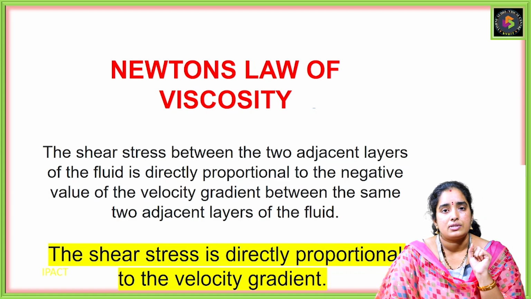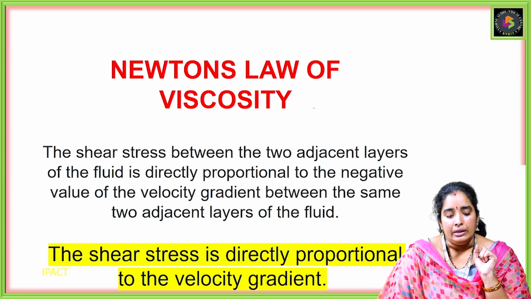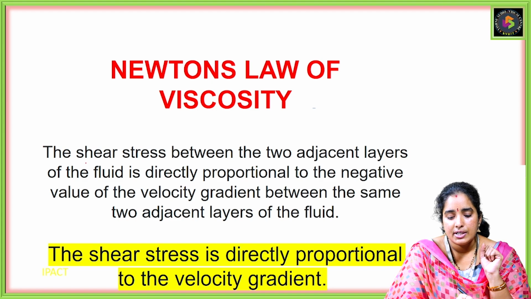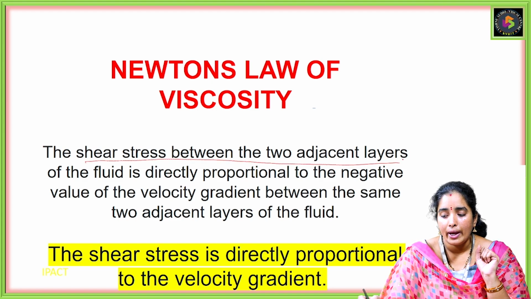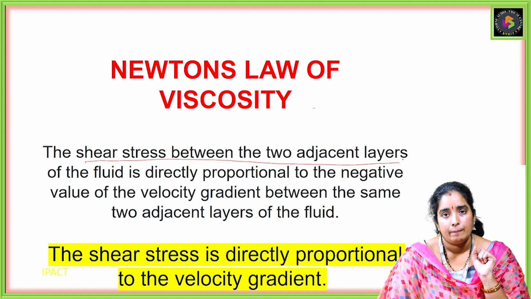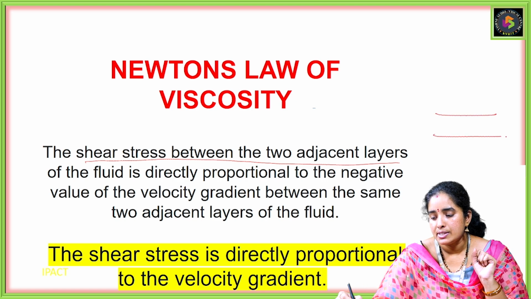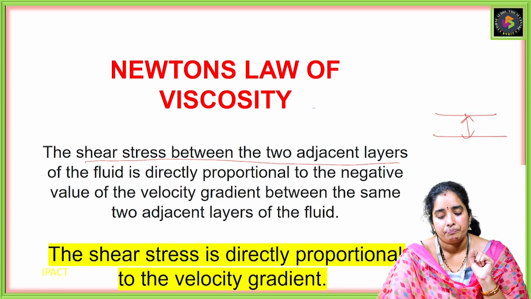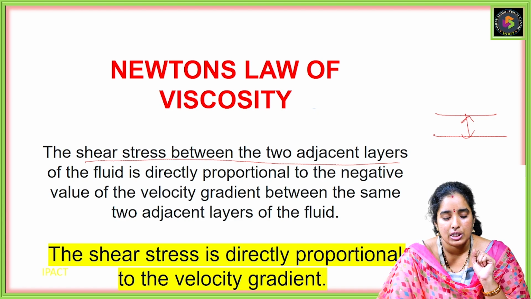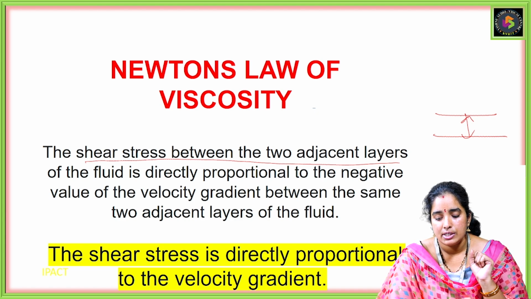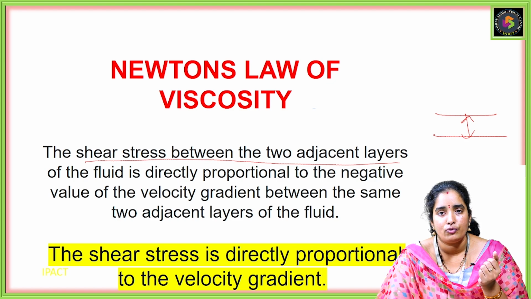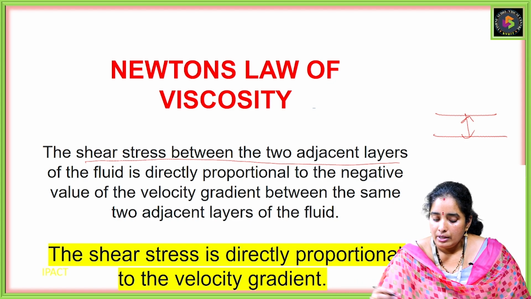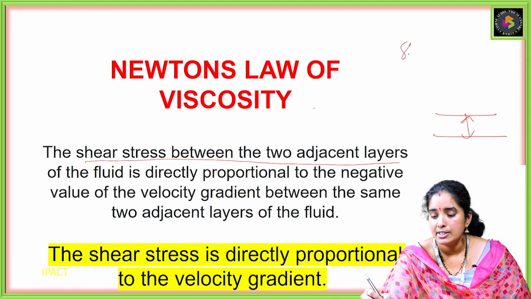Newton's law of viscosity. It is nothing but that the shear stress between two adjacent layers of the fluid is directly proportional to the value of the velocity gradient between the same two adjacent layers of the fluid. Now, that is nothing but shear stress.